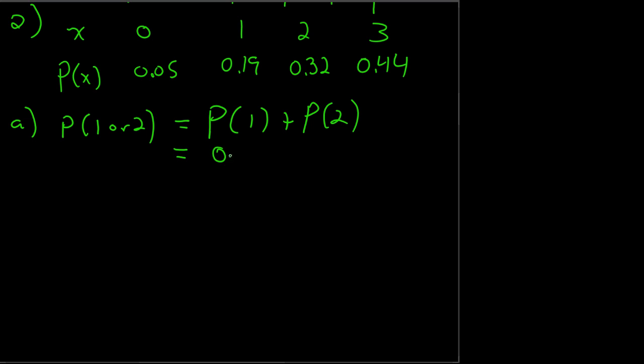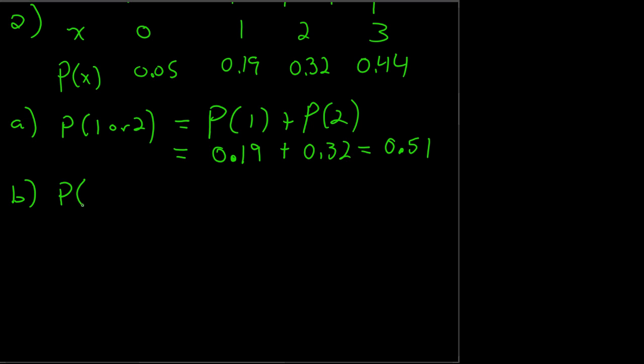And so the probability of 1 is 0.19 and the probability of 2 is 0.32. Combining those together, I get 0.51. So if I were randomly to select from this distribution, the chance of getting a 1 or a 2 would be 0.51 or 51%.